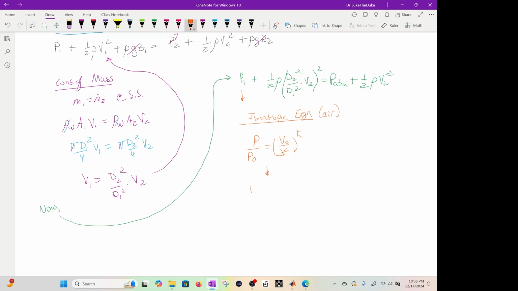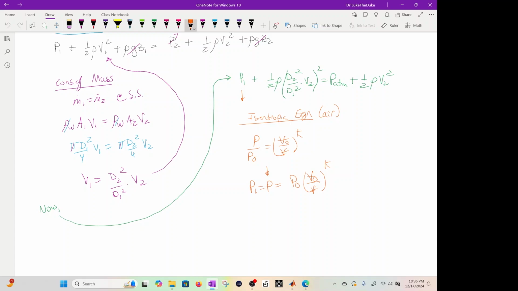So therefore P1, which is P, is going to be P naught times V naught over V raised to the k. These are volumes, where V naught is your initial volume and V is your volume at a given time. It's the same with P1 and P, that's pressure at a given time. The P naught and V naught are your initial pressure and initial volume.